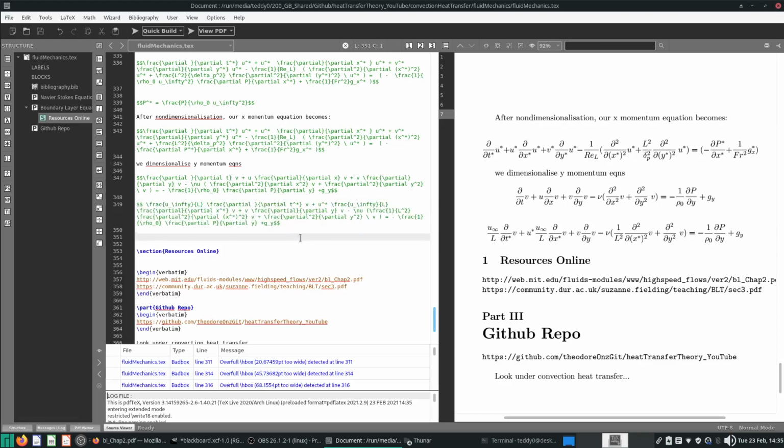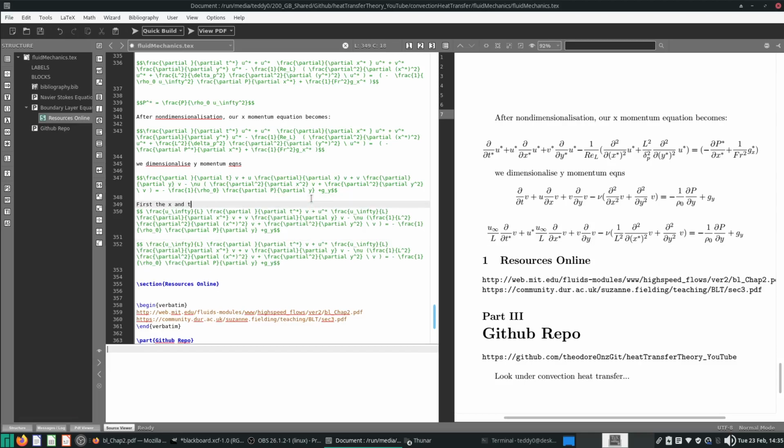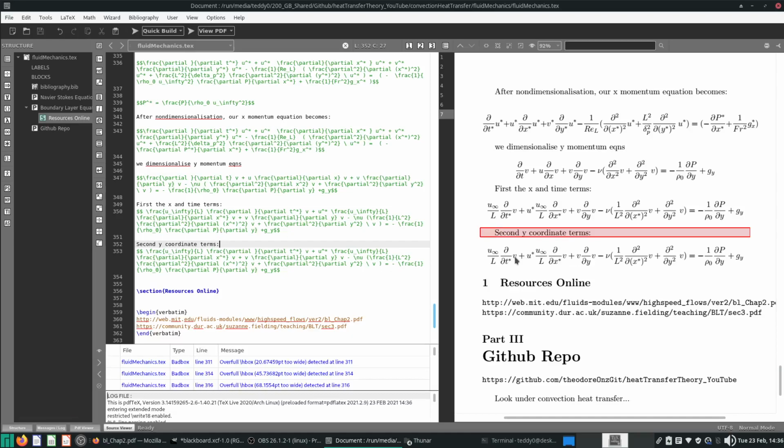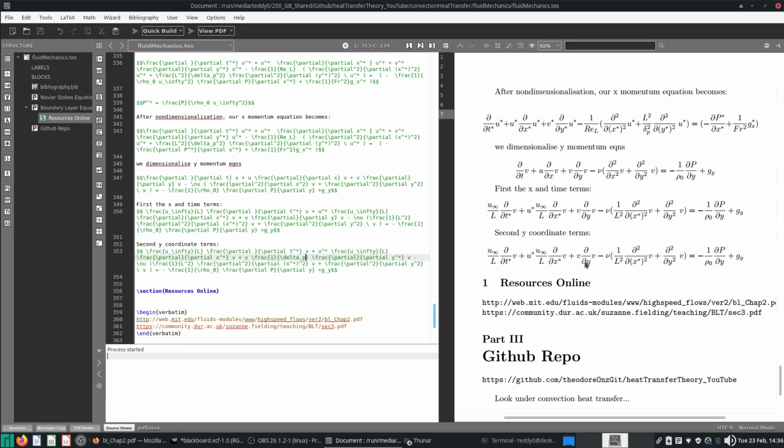First the x and time terms, and then the y coordinate terms. So let's deal with y. y is y star into the boundary layer thickness, so 1 over delta P. Where else will y pop up?